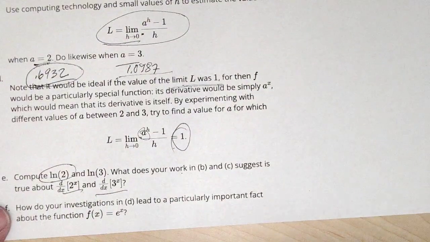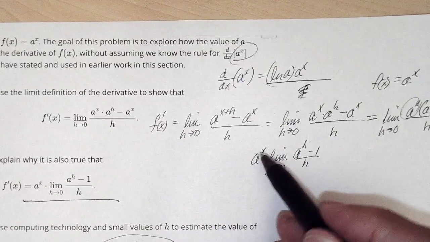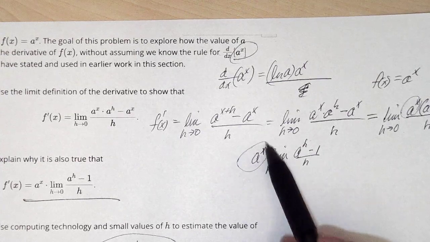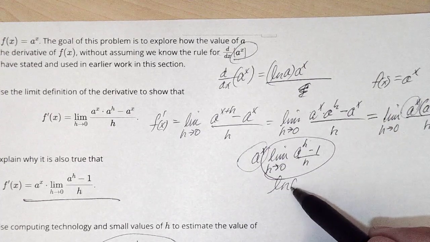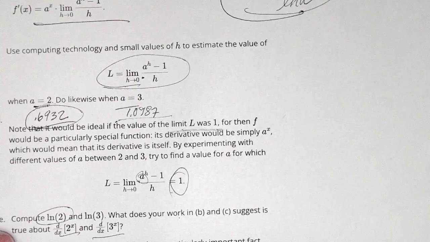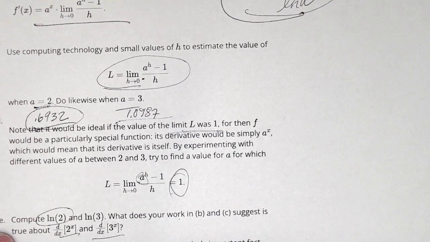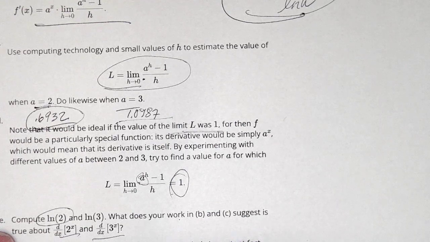And so therefore, we've kind of shown that the derivative of a to the x is ln a times a to the x. What's particularly important about this one is that its slope is itself. f prime of this function is itself.